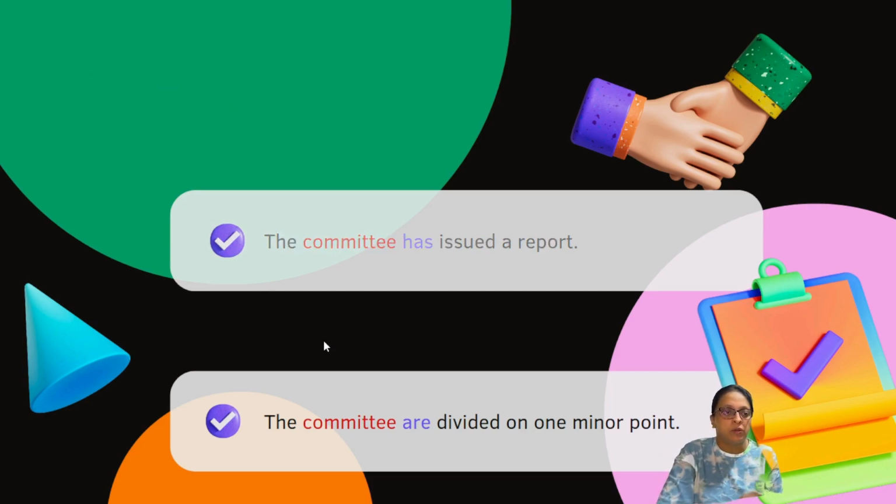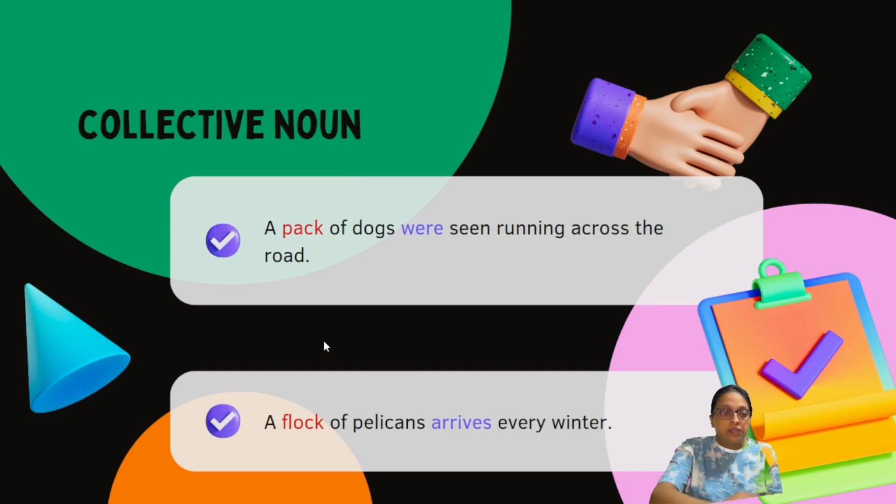Let us move on. This is another example. A pack of dogs were seen running across the door. Pack of dogs is a collective noun. Now, when we say pack of dogs, it should be is: a pack of dogs is seen. But we have used were here because what happens when a pack of dogs comes? You must have seen that they don't come in the formation of a group.